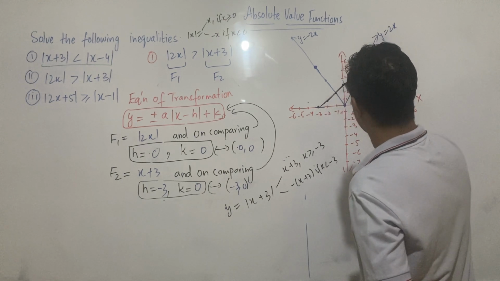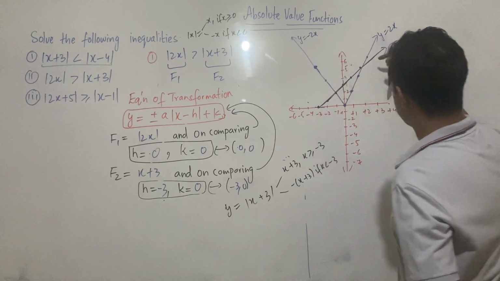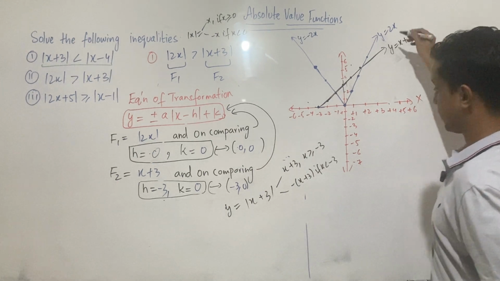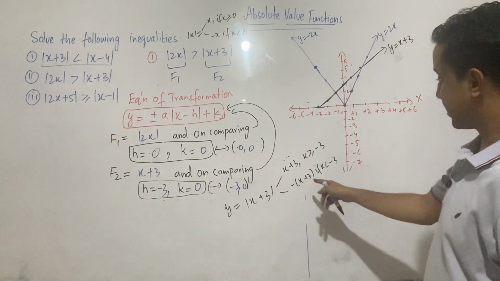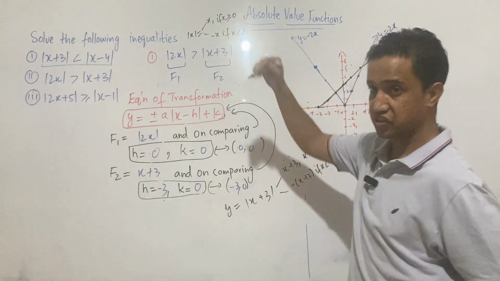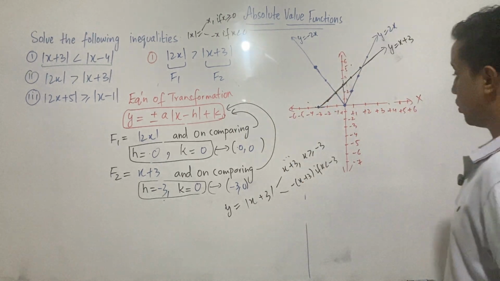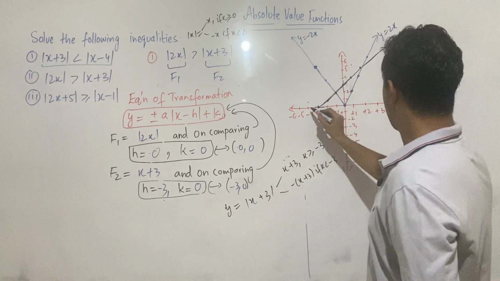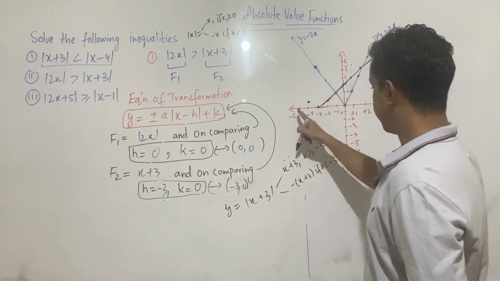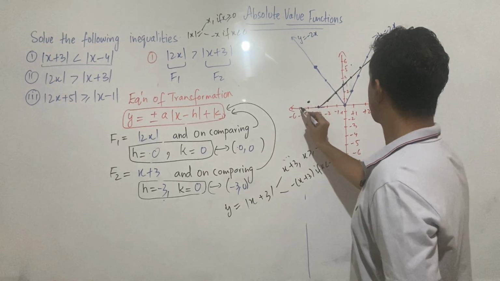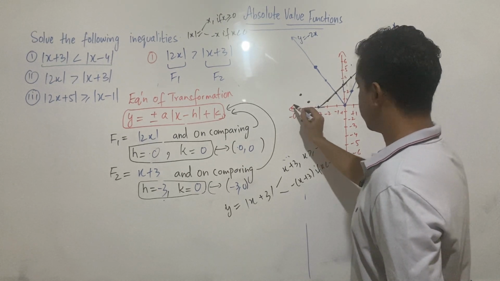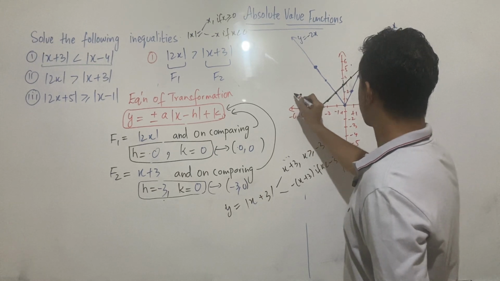Okay, this is the line, and this line represents y equals x plus 3. Then y equals negative x plus 3 means this line, right? So check for the values less than minus 3, minus 4, 1, minus 5, 2, minus 6, 3.